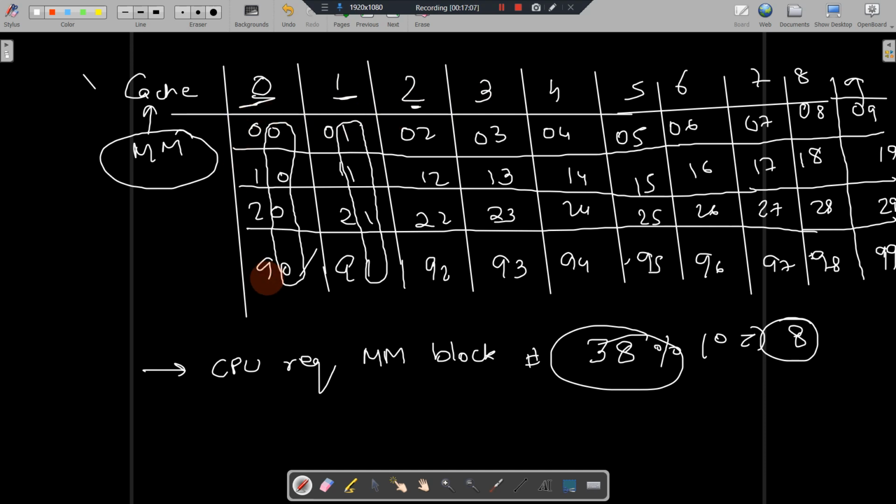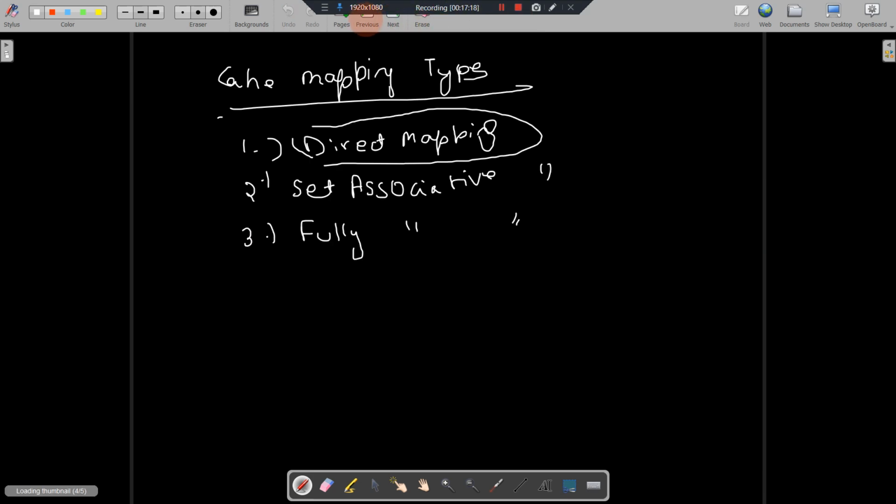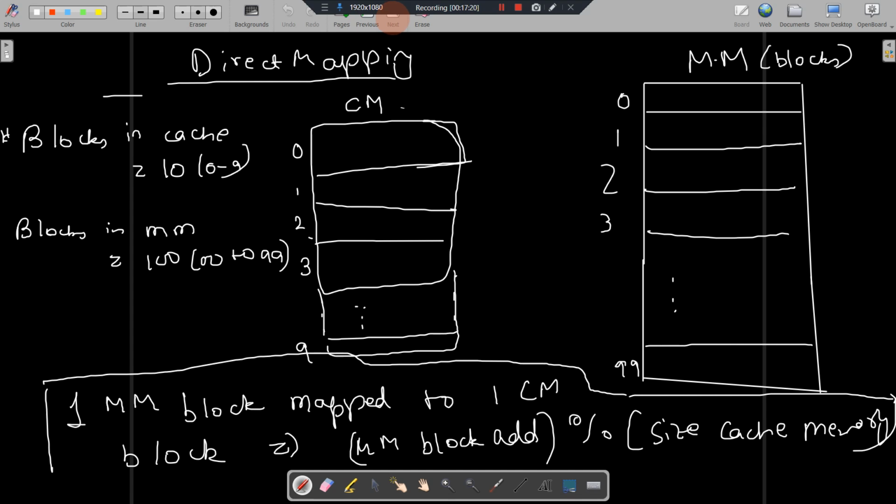And what about the MSB bits? The MSB bits for all these main memory blocks are different. Suppose, for example, we have 99 total main memory blocks but only 9 cache memory blocks. So we can have two main memory blocks mapped to the same cache memory block.